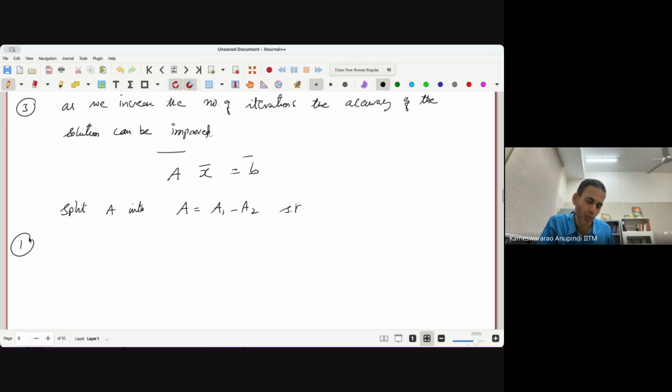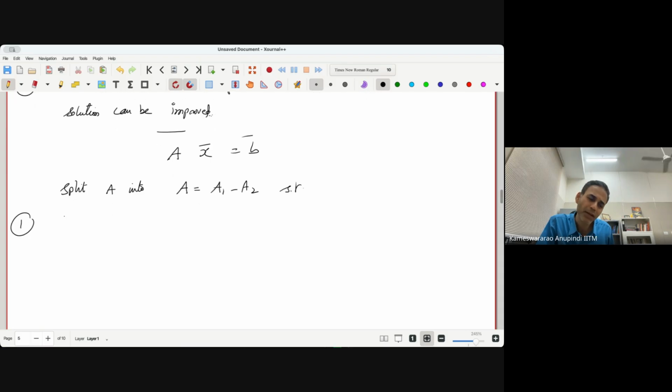the following two conditions should be satisfied. First, it is easy to invert A1 and obtain a solution.